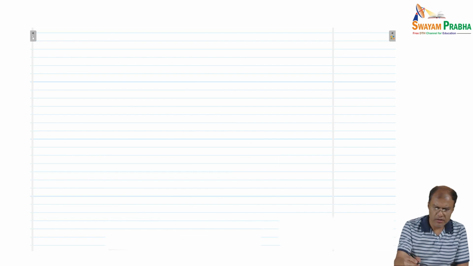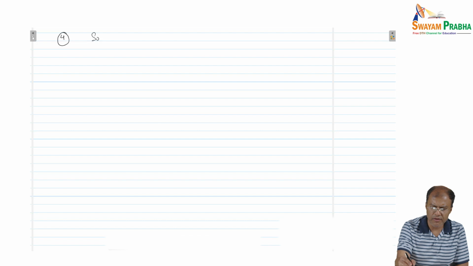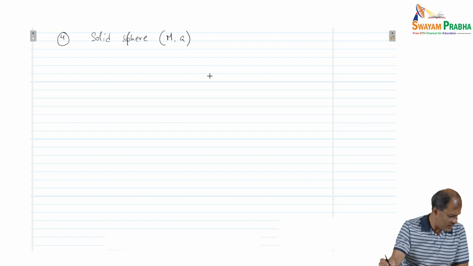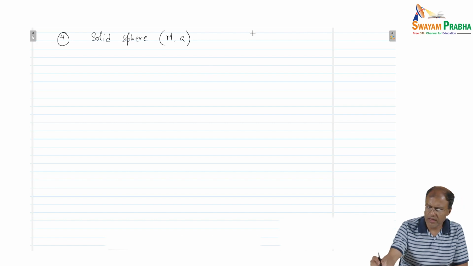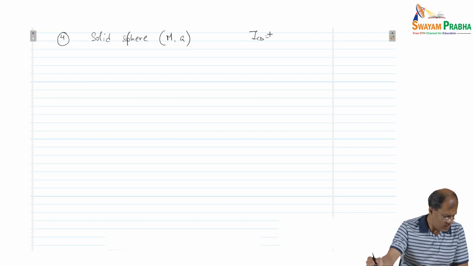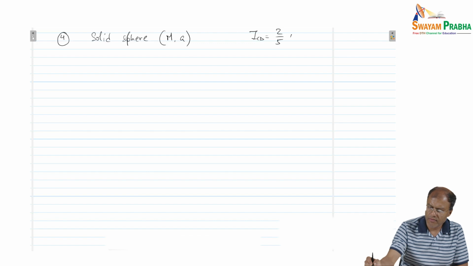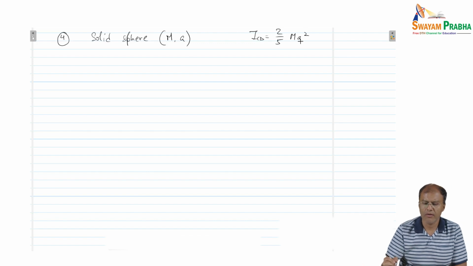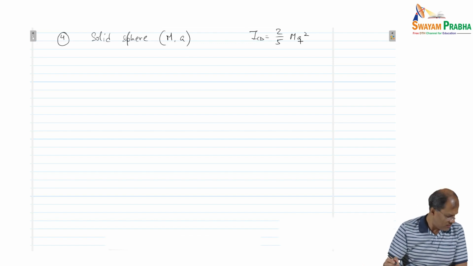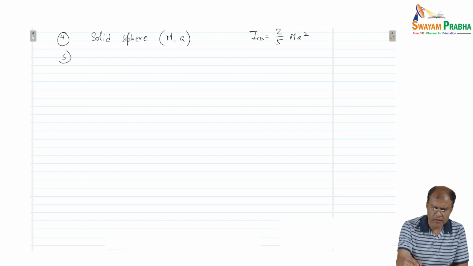The fourth example I have is that of the solid sphere. We have also found this. So solid sphere, mass m and radius a, and we see that I_CD is 2 by 5 m a square. Okay, we have just found this. And then the fifth point in this list is the spherical shell.